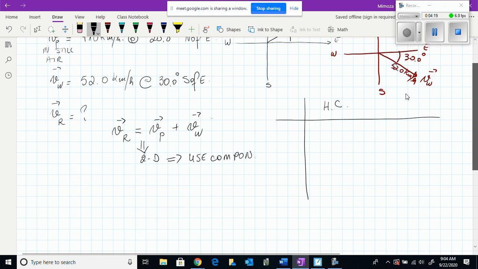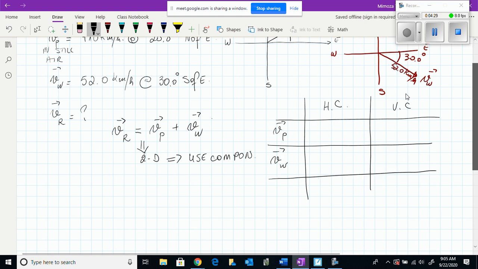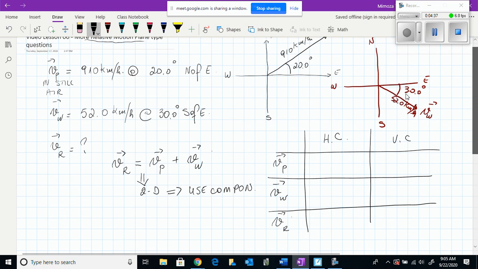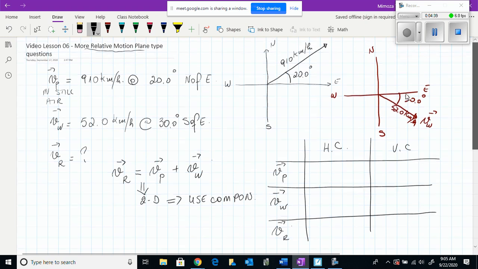As I said the other day, we learn how to operate with vectors for a reason, because we are using them. So now let's create the right angle triangle that includes the given angle.